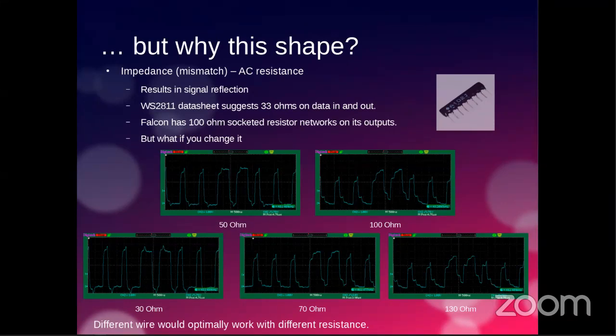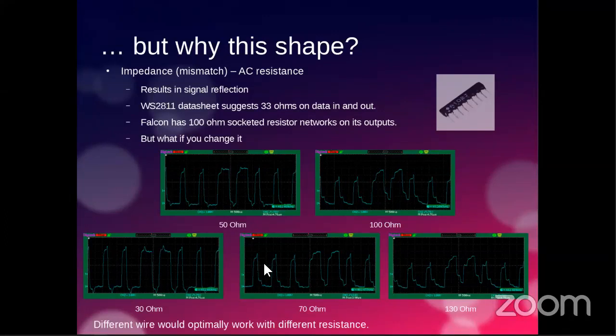So what I did was I pulled the resistor network out. The resistor network on the Falcon is 100 ohm, whereas the 2811 data sheet suggests that about a 33 ohm is a more appropriate value. So Dave's gone a bit high on this value. Then I threw in a resistor tester that I've got, put in a bunch of different resistive values, and took samples of the signals.